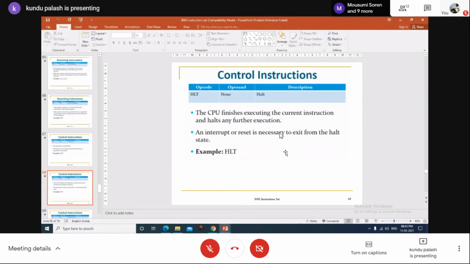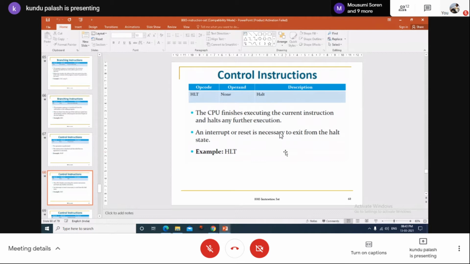There are 5 addressing modes for instruction operation: direct addressing mode, register addressing mode, register indirect addressing mode, immediate addressing mode, and implicit addressing mode. What is the meaning of this? Direct addressing mode. Say we have used the data transfer instruction LDA, followed by the operand. What is the operand?